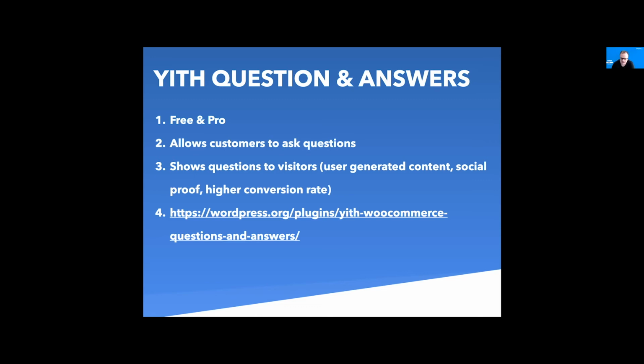You've probably seen this on Lazada or any Amazon site, where it's like, does this product work with my PlayStation 5, for example? And then two people would write yes or no. That also helps with social proof. It's user-generated content. It can help with a high conversion rate because, as long as it's positive, people can see that it's been interacted with.